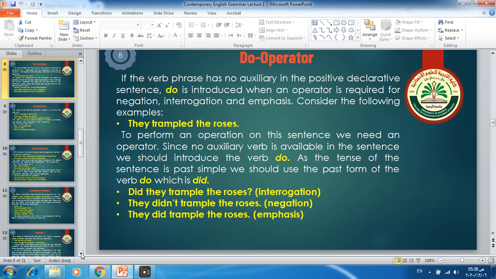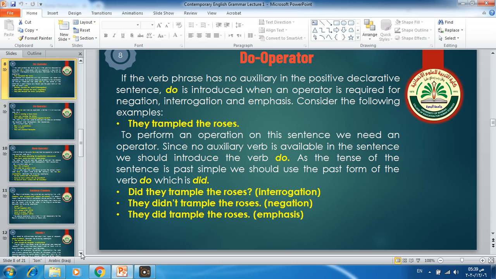So consider the following examples. They trampled the roses. To perform an operation on this sentence, we need an operator. Since no auxiliary verb is available in the sentence, we should introduce the verb do. As the tense of the sentence is past simple, we should use the past form of the verb do, which is did.